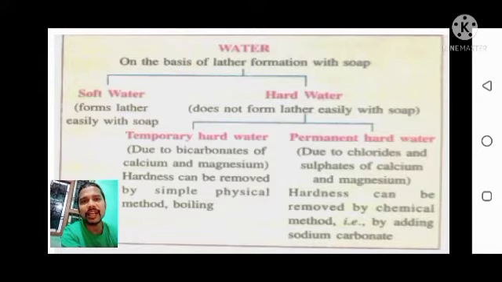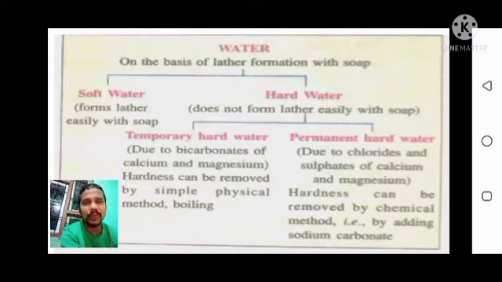Now which of the salts cause temporary hardness of water? Calcium bicarbonate and magnesium bicarbonate cause temporary hardness of water. So due to bicarbonates of calcium and magnesium, hardness can be removed by a simple physical method, that is boiling.